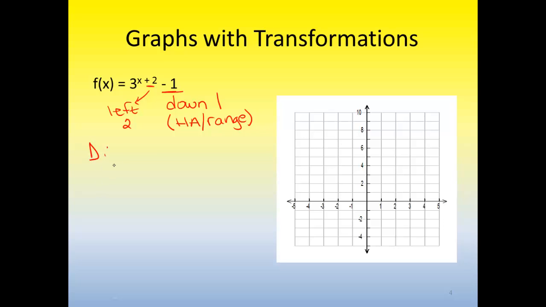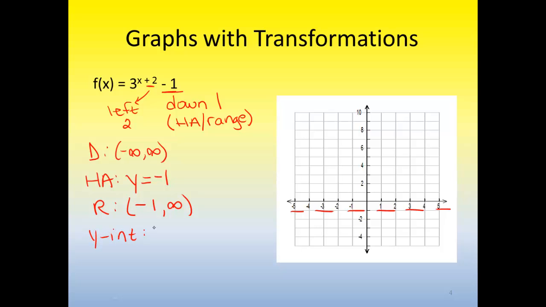So let's go ahead and fill in the information we know. Domain, all real numbers. Horizontal asymptote has been moved down 1. So instead of being at 0, we move it down 1, and it's at y equals negative 1. My range is now going to be negative 1 to infinity.